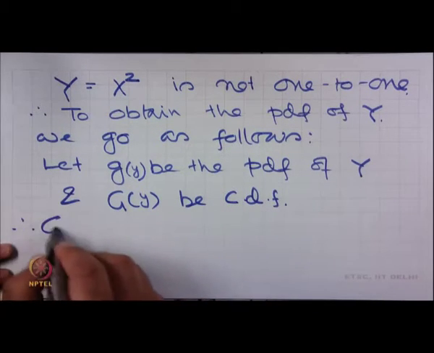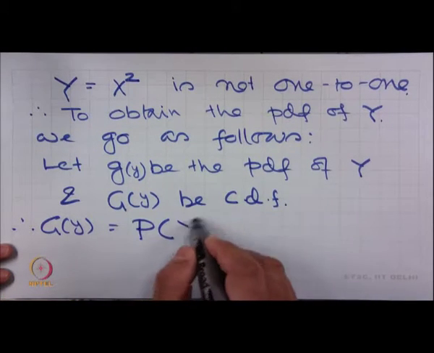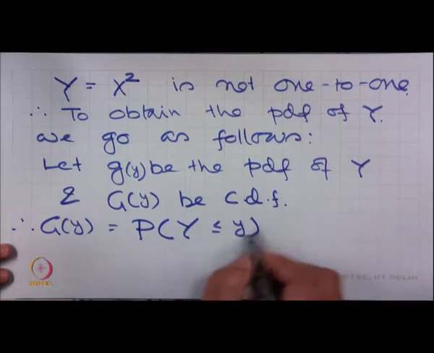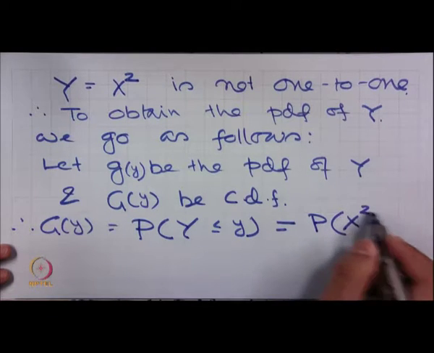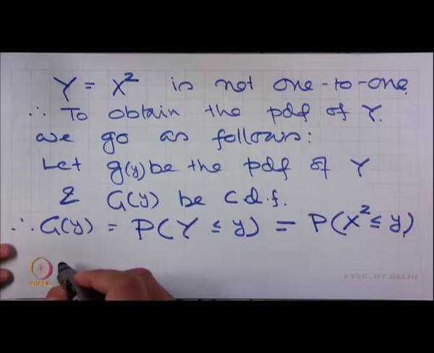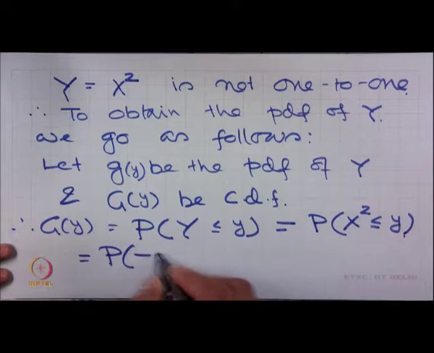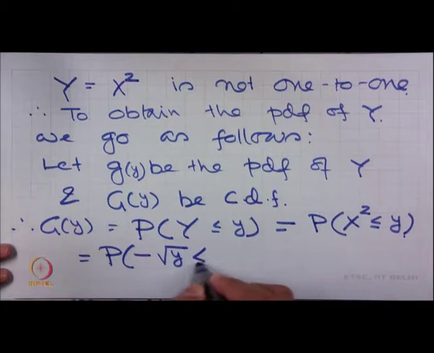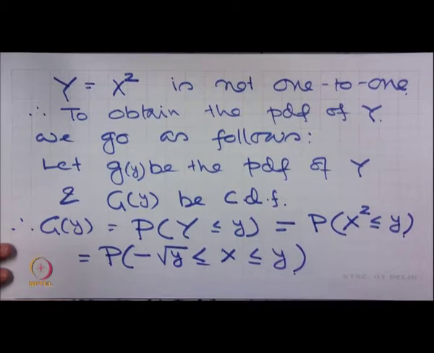Therefore, G of y is equal to probability y less than or equal to y, which is equal to probability x square less than or equal to y, and because of the symmetry around 0, we can find this is equal to probability minus root y less than or equal to x less than or equal to root y.